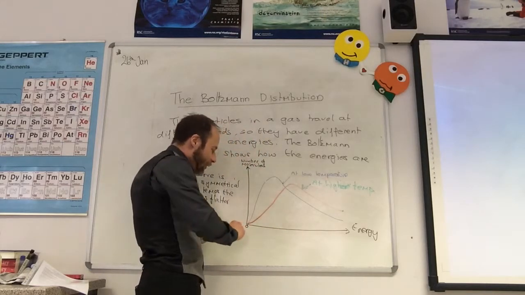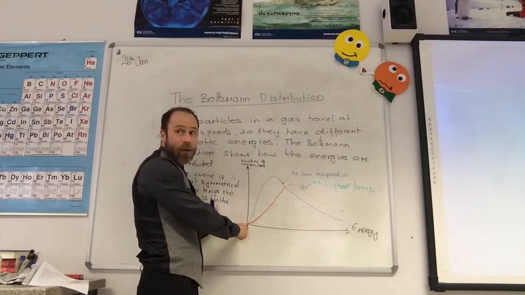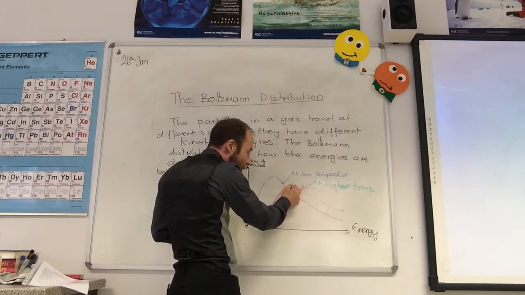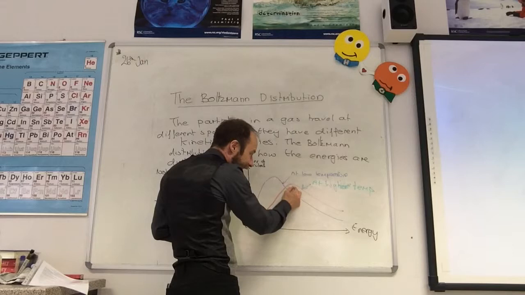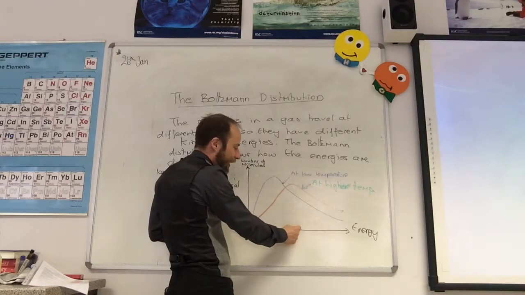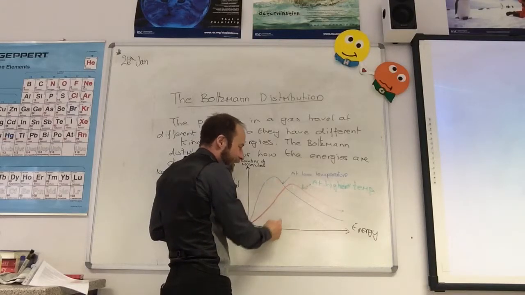So at higher temperature, it still starts at 0, but can you see that more molecules are now at my average energy? It's now higher, which is now here. At a lower temperature, it's down here.